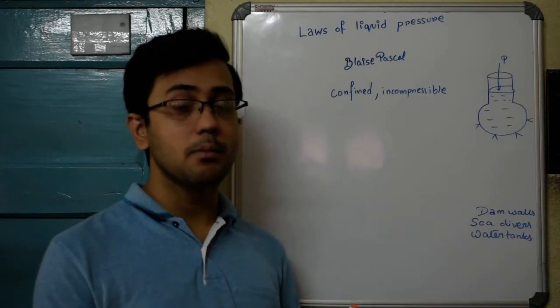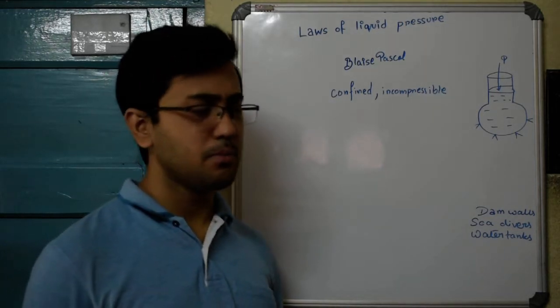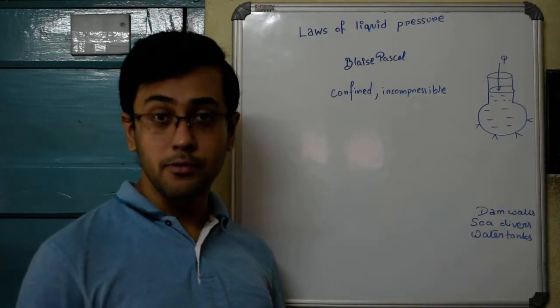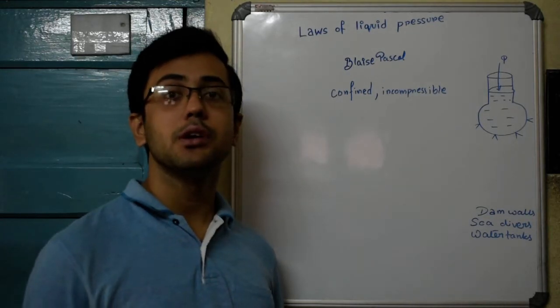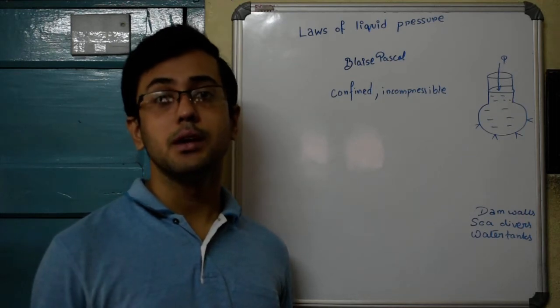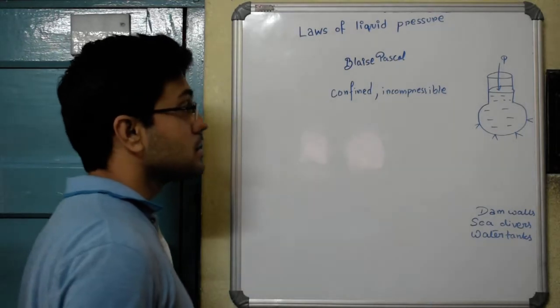If you can, that's compressible. If you can't, that's incompressible. Water is mostly incompressible. So any kind of confined and incompressible fluid, not just liquid, if you exert pressure on it, that pressure is propagated uniformly in all directions throughout the liquid. That is what Pascal's law says.